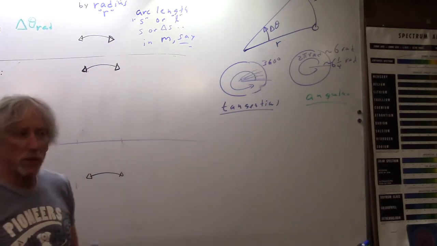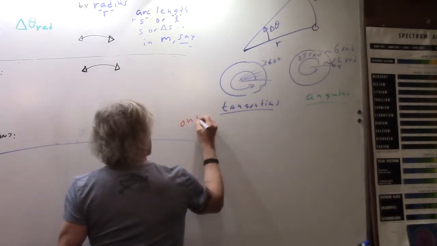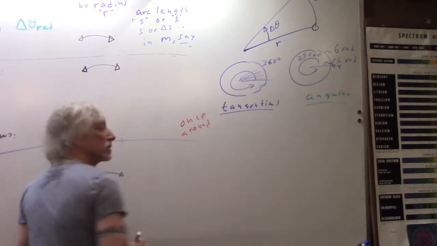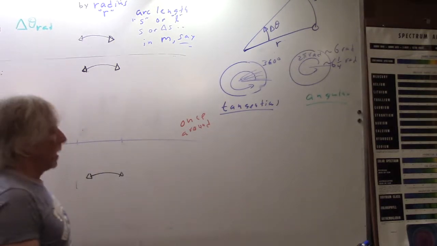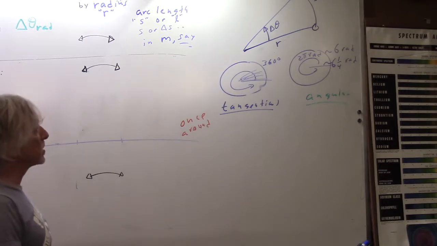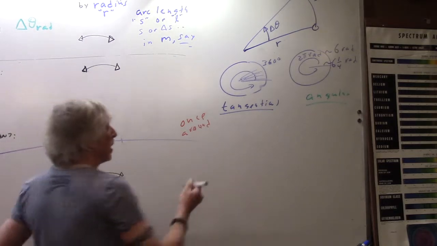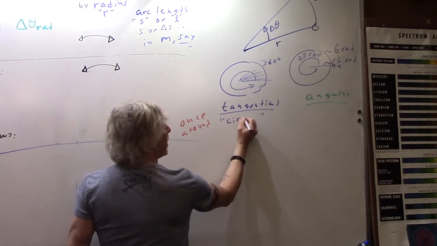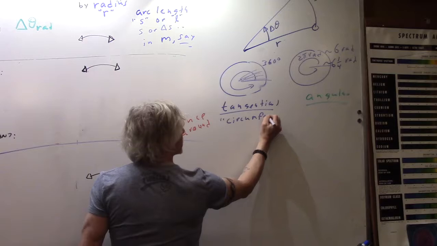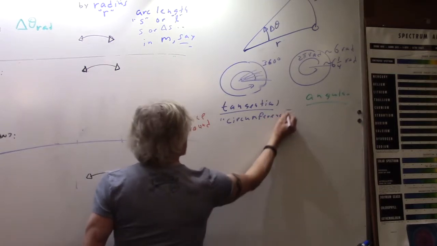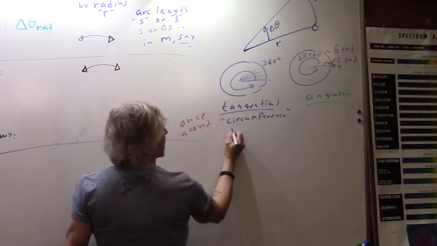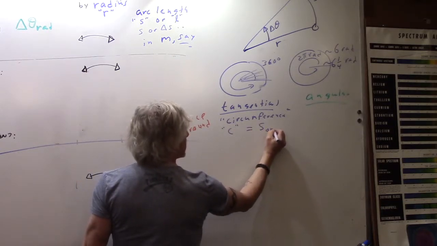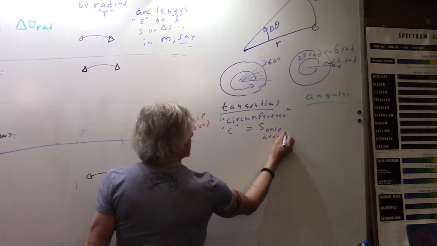So let's do this for once around, because you know this. Once around, sorry for my scribbles. So tangential, once around, how far do we go? What do we call it once around? We call it the circumference. We could call it C, which is also S once around.